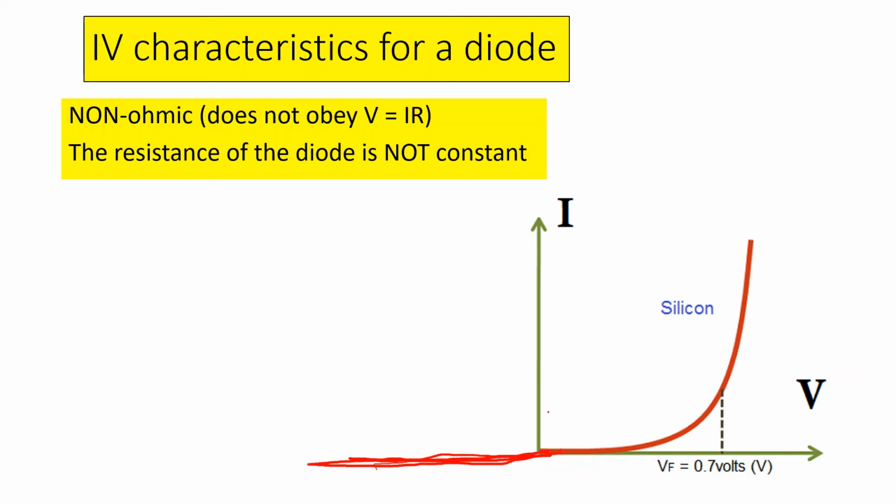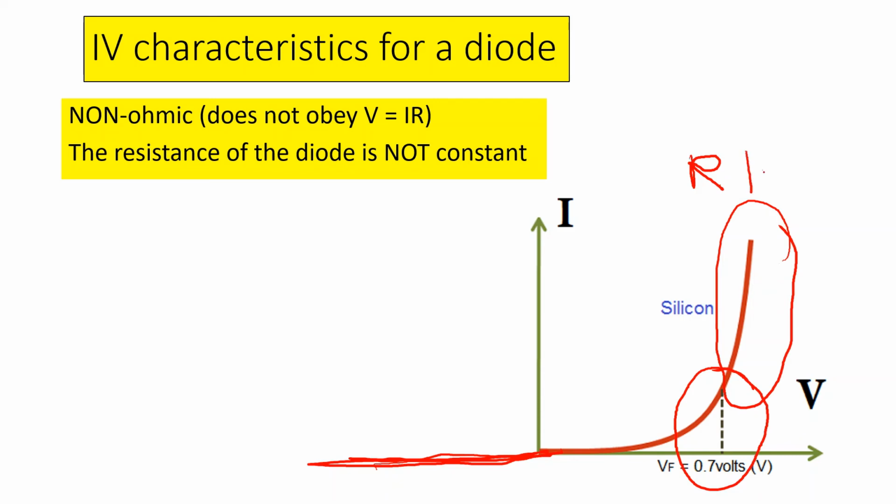Then here, the 0.7 is the threshold voltage. At this point, the resistance becomes very low. So the resistance becomes very low after the threshold voltage.